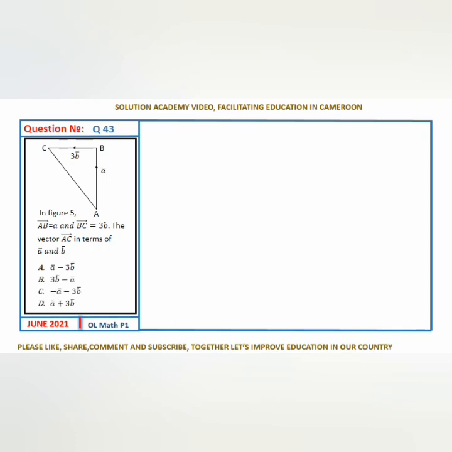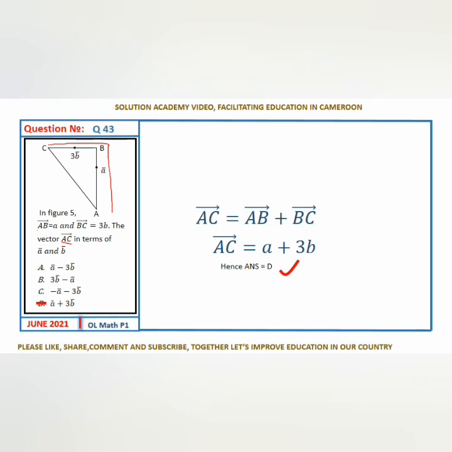The question wants us to move from A to C. So to move from A to C, we first move from A to B, and then we move from B to C. Then we have arrived at C. So from that simple explanation, AC will be equal to AB plus BC, and AB is a and BC is 3b. So hence our answer is D.